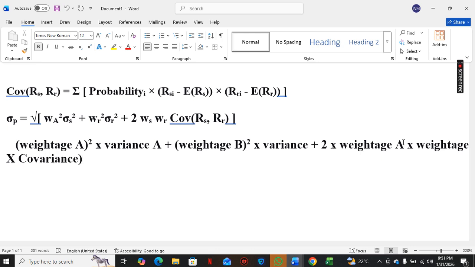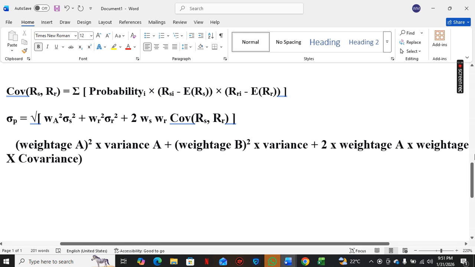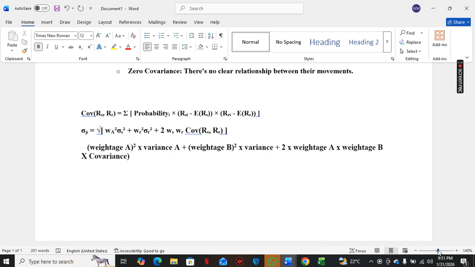Okay, colleagues, this is in simple English, and this is what we're going to get: the risk, the standard deviation of the portfolio.